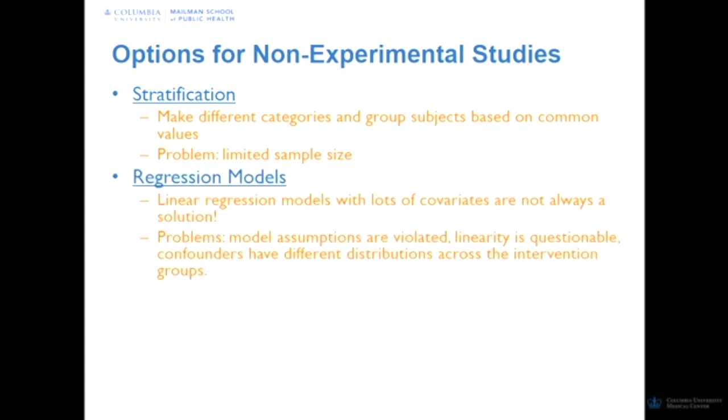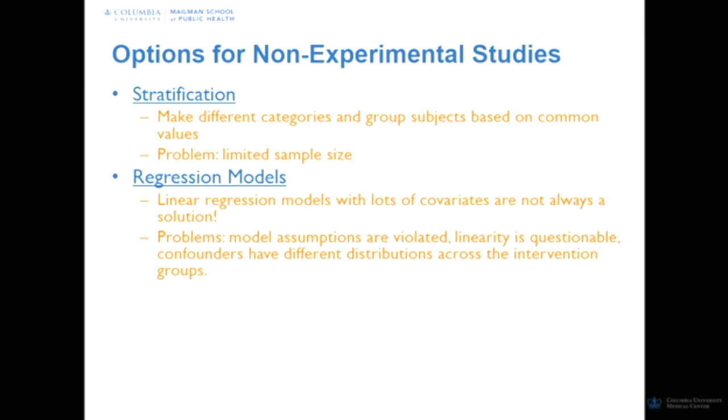A second option, if stratification is not an option, is to use regression. Everybody has heard of linear regression, logistic regression, adjusted analysis, where you adjust for all kinds of covariates. That's fine, as long, again, as you have a good sample size, but you have to be careful.